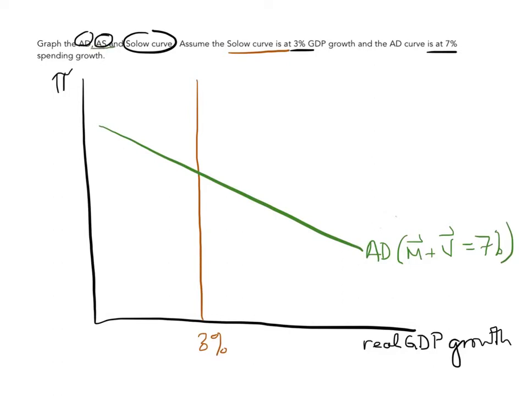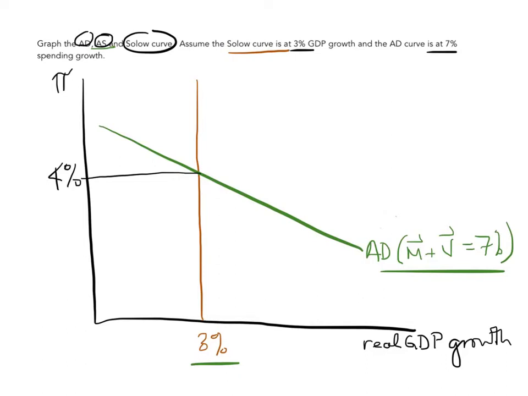Here we're not given a whole lot of information, but it's safe to assume that if this economy is functioning normally, in other words, if spending is going either to GDP growth or inflation, and 3% is going to real GDP growth, the remaining 4% is going to inflation.